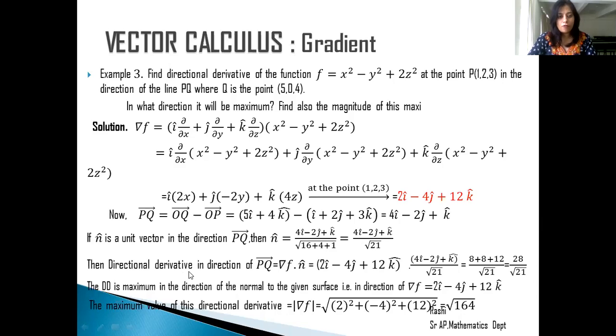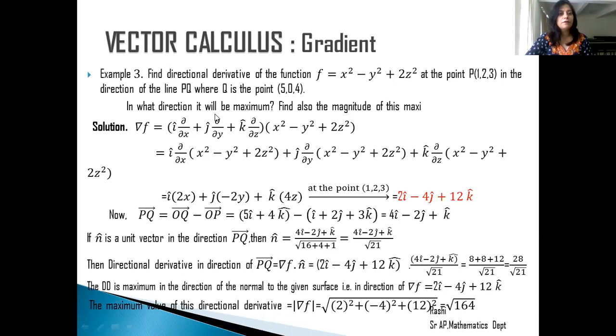Now, when I am talking about the directional derivative, it is grad phi dot n cap. Do the dot product. When you do the dot product, I am getting 28 upon root 21. So this is the directional derivative along the line PQ. Right? Now they are also asking in what direction it will be maximum.